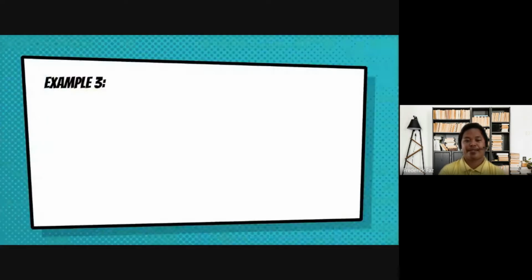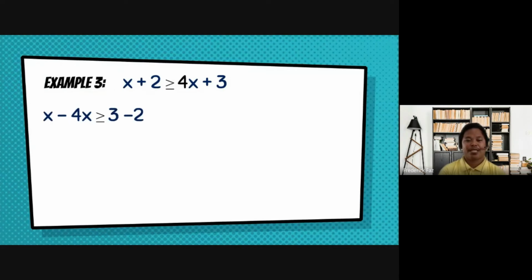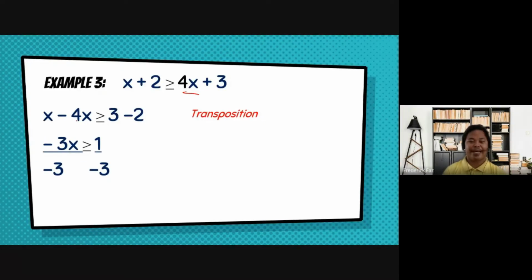Example 3. We have here x plus 2 greater than or equal to 4x plus 3. Then we apply transposition here. So 4x going to the left becomes negative 4x. Then positive 2 going to the right becomes negative 2. Then simplifying, x minus 4x is negative 3x. 3 minus 2 is positive 1.